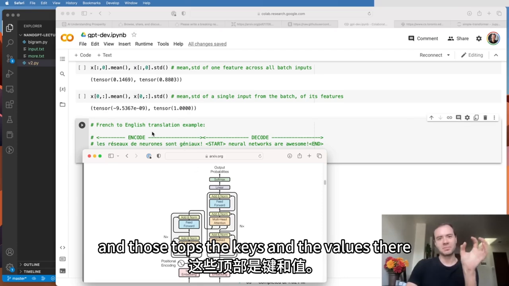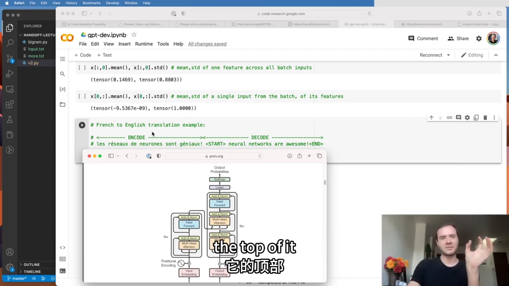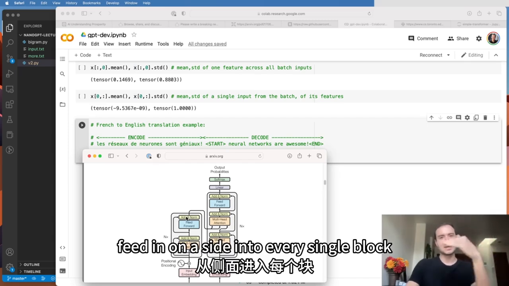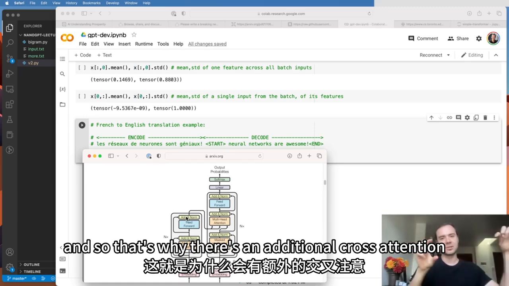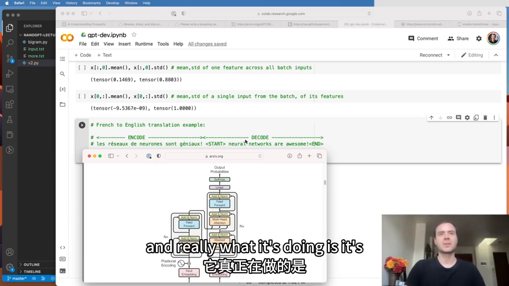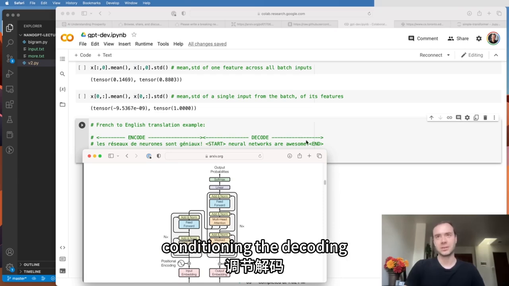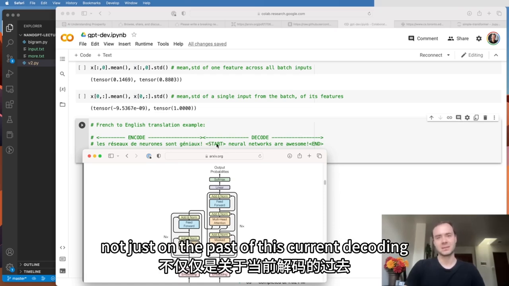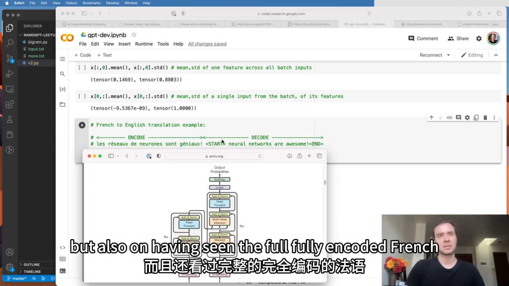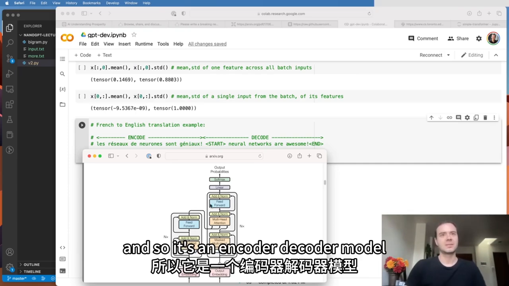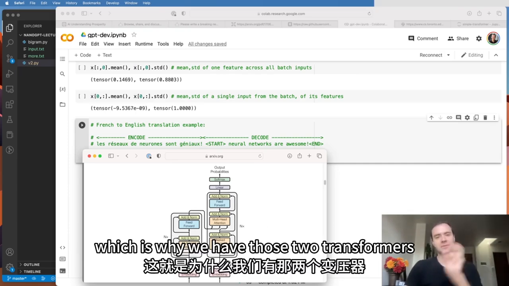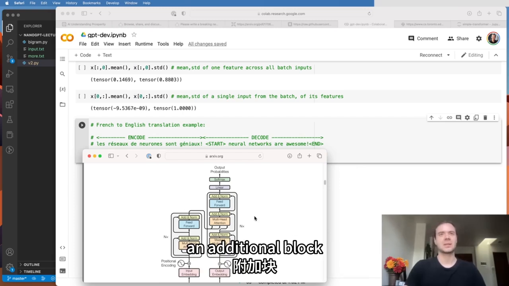Those keys and values feed in on a side into every single block of the decoder. That's why there's an additional cross-attention. Really, what it's doing is conditioning the decoding not just on the past of the current decoding, but also on having seen the fully encoded French prompt. And so it's an encoder-decoder model, which is why we have those two transformers, an additional block, and so on.